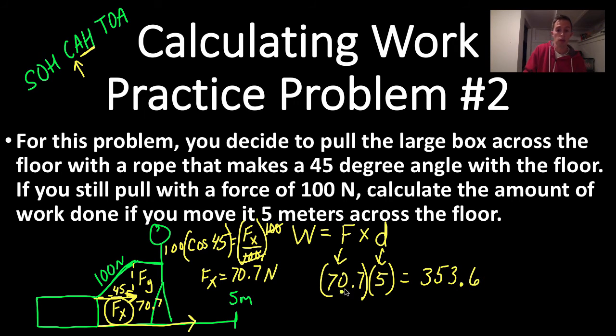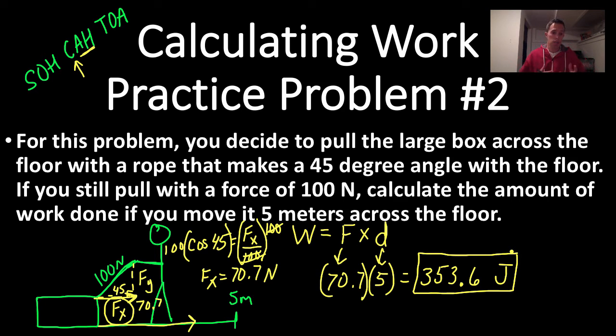And that will be Newton meters, which is a joule. So you will have done 353.6 joules worth of work by pulling that box across the floor in that kind of configuration.